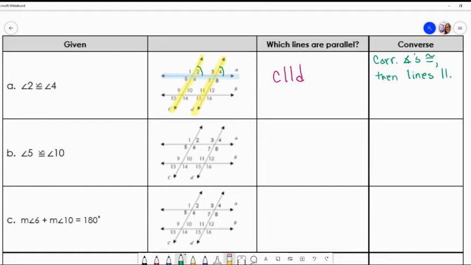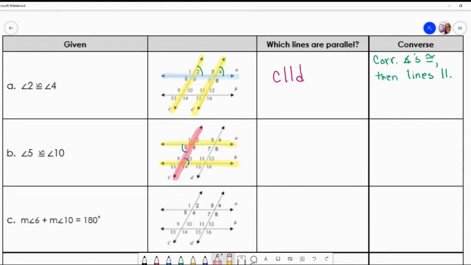Okay, let's look at the next one. It tells us angle 5, so here's angle 5, is congruent to angle 10. Okay, so what's going on there? Where are the lines that form those angles? Let's take a look. So this line forms that angle, and this line forms that angle, and this transversal forms that angle.